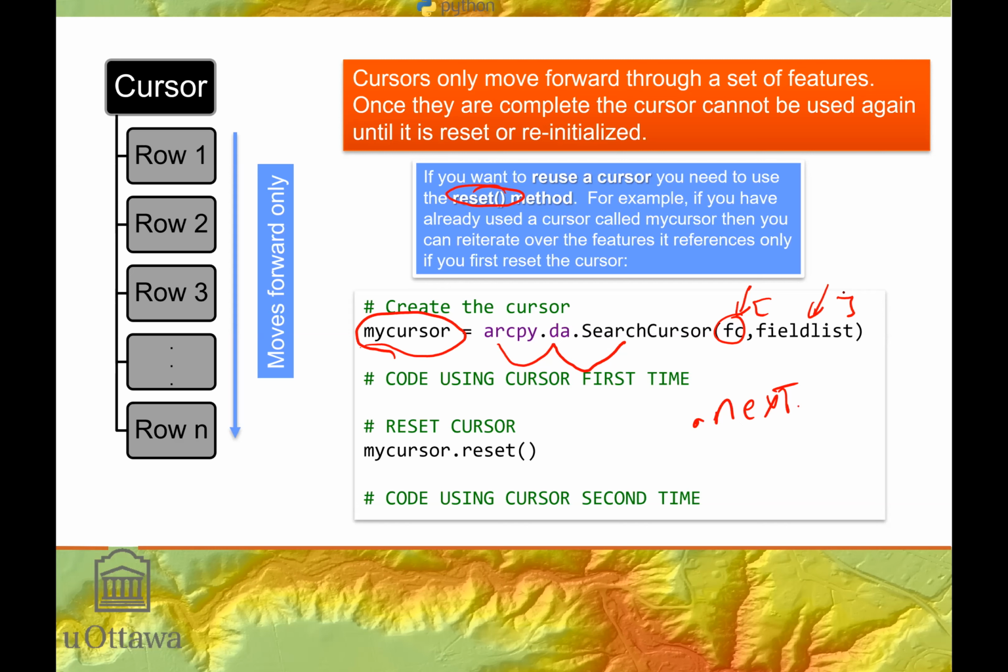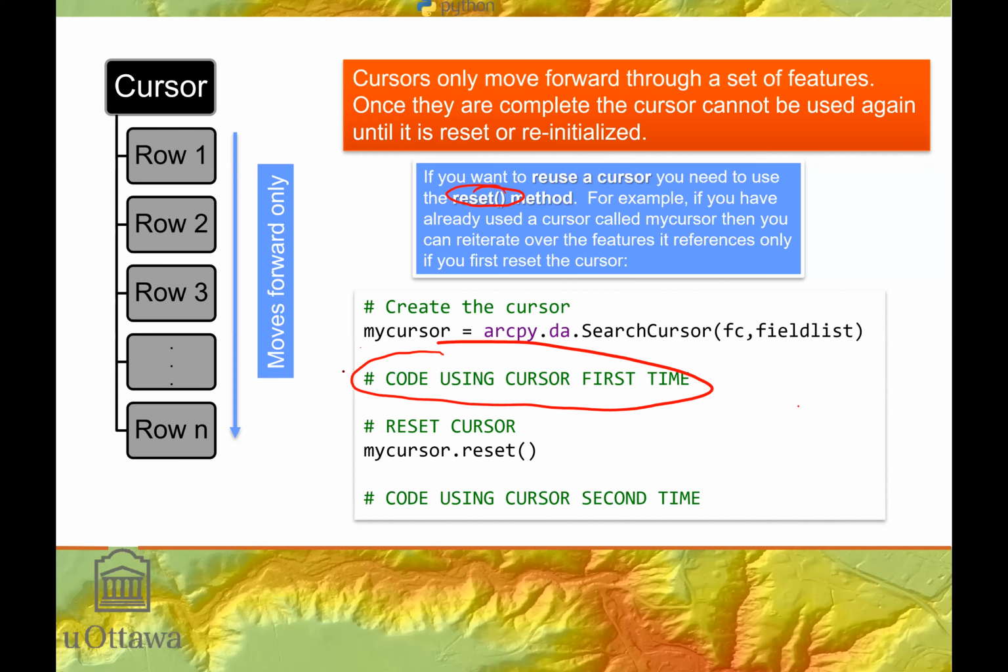It could be all field names or just specific field names that you want to go over within the cursor. Then we would have some sort of code here that does something to iterate over the cursor and doing things to it. So that's just imaginary code right now.